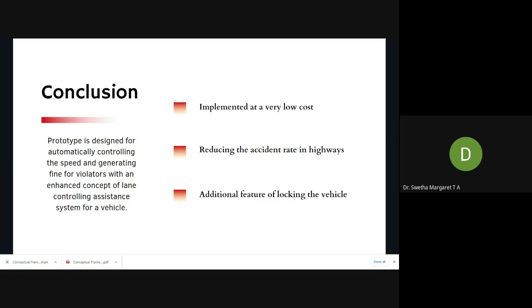And the locking of the vehicle system is something new that is not available in previous studies or previous work. So this is something that we are trying to achieve in terms of jamming the vehicle through an Arduino code. So yeah, thank you. Hope you liked our views about this. Thanks.